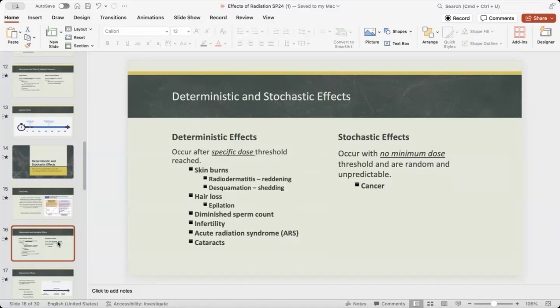With deterministic effects, if a specific dose threshold is reached, you could potentially experience skin burns, hair loss, and all the things listed that we talked about on the last slide. The stochastic effects basically occur with no minimum dose, and it's just random.